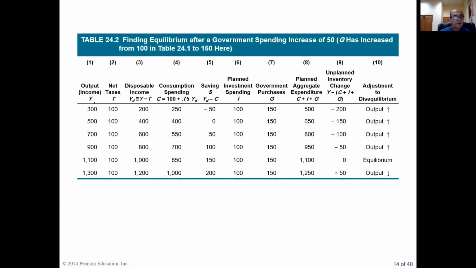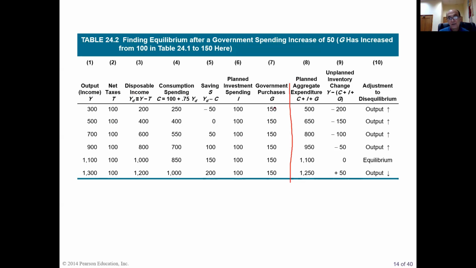Okay, right now we have total output, as we did in a previous example: net taxes, disposable income, consumption, saving, planned investment, government purchase, and aggregate expenditure. Okay, we can stop here right now. The main difference between this schedule and the other schedule is government purchase.